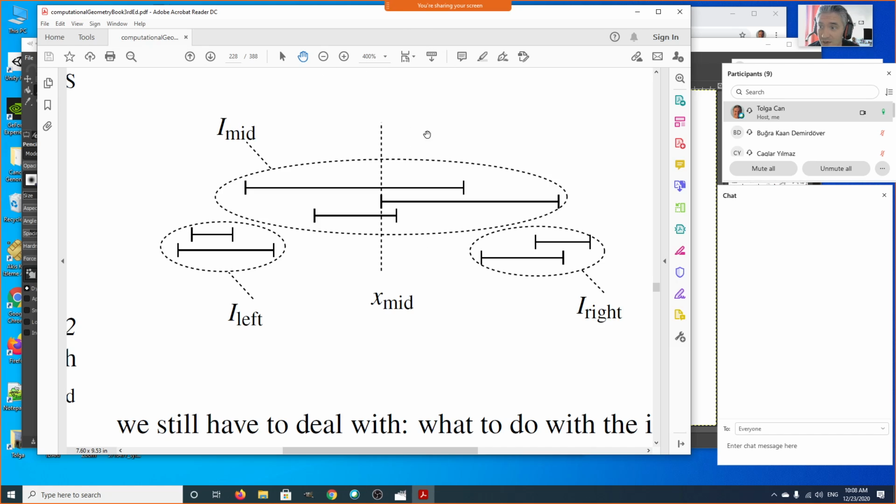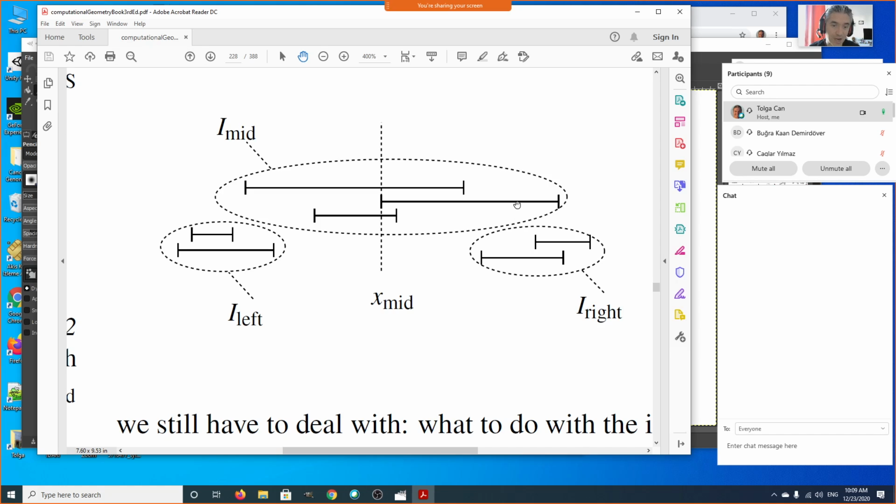Anyway, we can take a look at it here. I don't have drawing capabilities on this PDF viewer, but imagine there's the QX. Imagine we have a query right at the X coordinate of this mouse pointer. Now you can immediately see that the line segments that are in I left cannot contain this QX in their interior, because they are totally to the left of x mid.